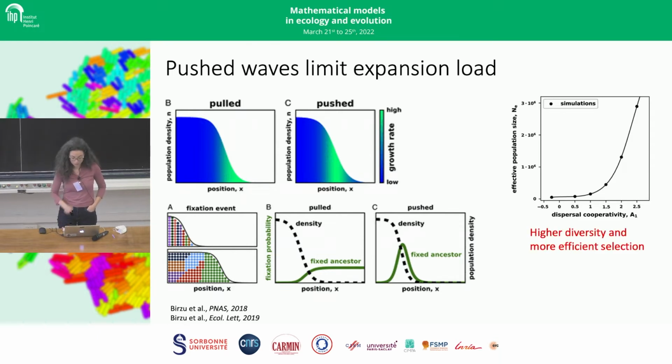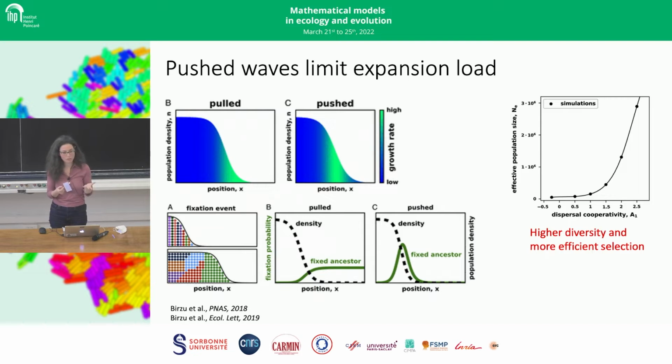Obviously, if you have a higher effective population size, the first consequence is that the genetic diversity will go down much more slowly. If you have a certain number of different individuals at the front, you'll have to wait much longer before one of them will fix. The other consequence is that selection is more efficient because you have more individuals competing with each other.